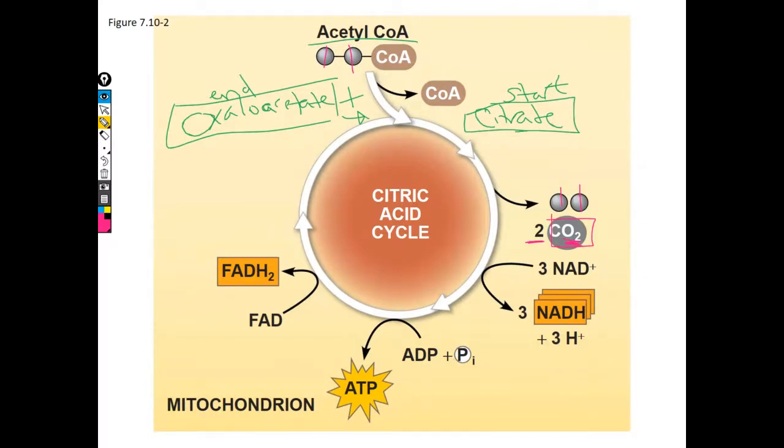All right, now what I see on here is a lot of really important stuff. Firstly, I see some serious couponage. I see 3 NADH, the most we've ever made, as well as 1 FADH2.